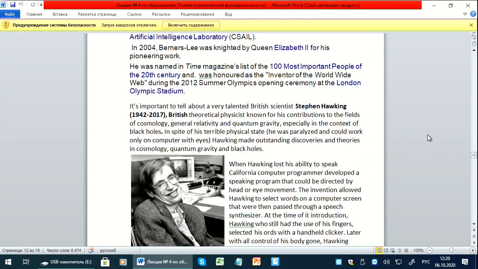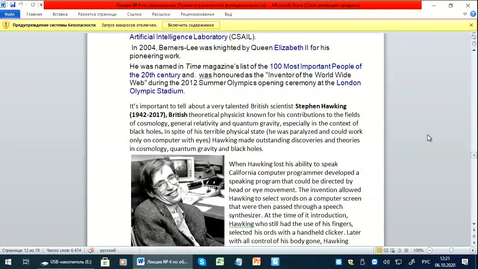When Hawking lost his ability to speak, a California computer programmer developed a speaking program that could be directed by head or eye movement. At the end of his life, only eye movement. The invention allowed Hawking to select words on a computer screen that were then passed through a speech synthesizer.